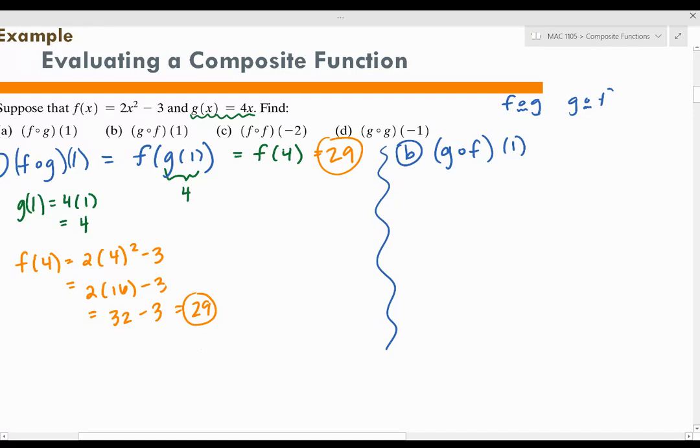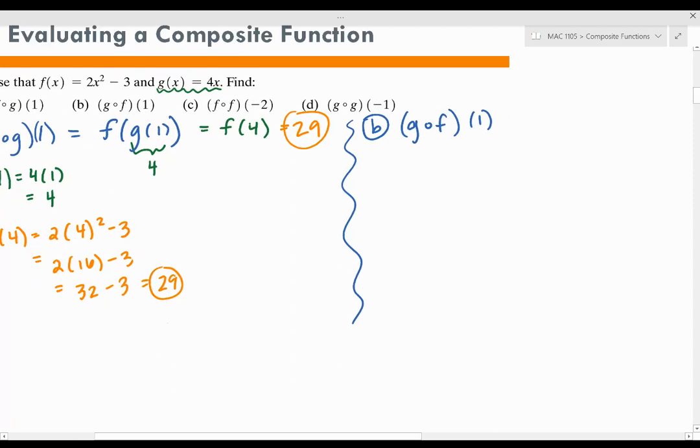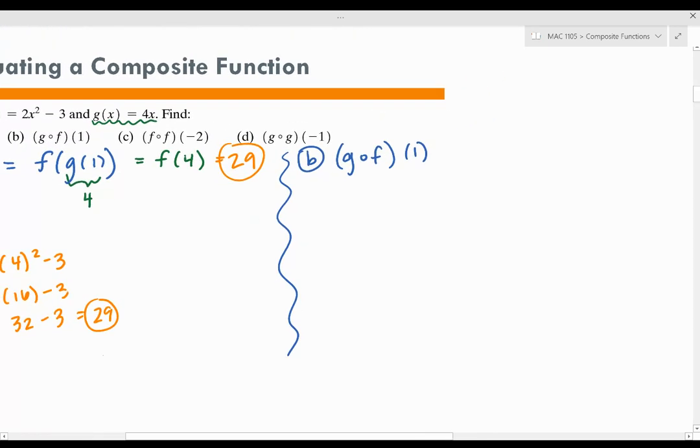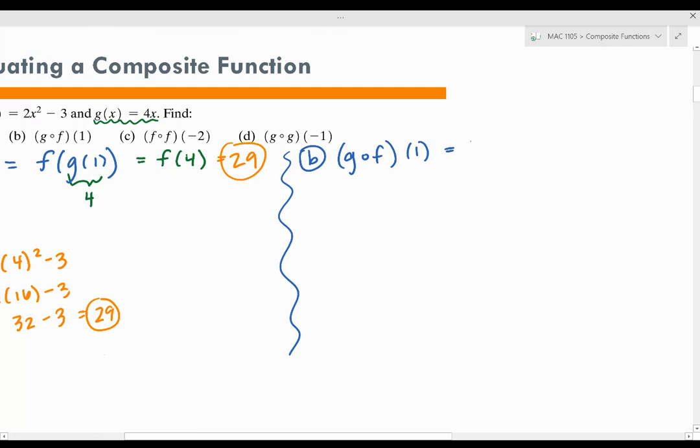It looks like a degree symbol. It is not fully enclosed like multiplication. So just be careful of that as you move through this section, that we're not multiplying these together, we're composing them.